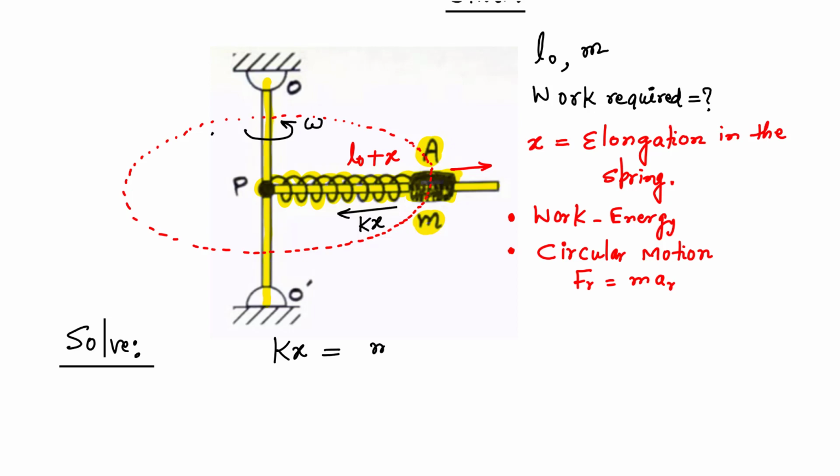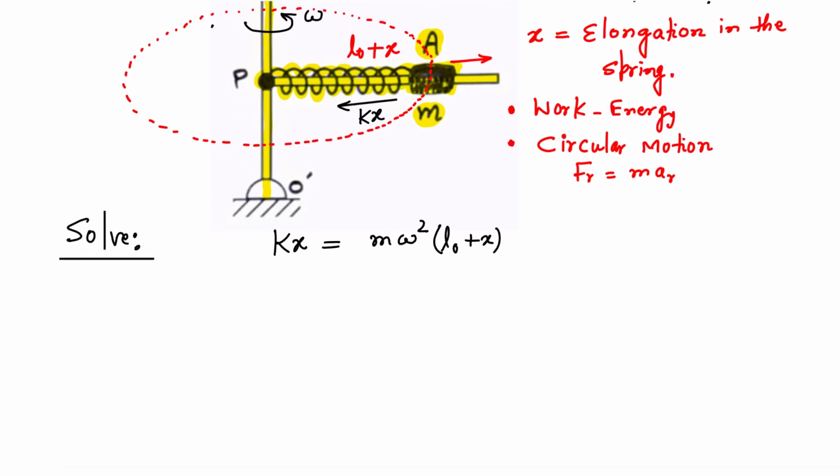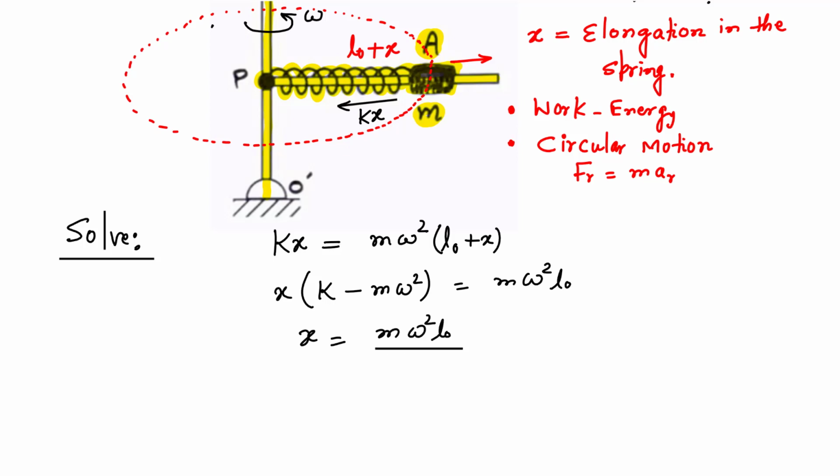This equals mv squared by r, or you can write m omega squared r, where r is L0 plus x. So from here you can calculate x. Taking x common, we get m omega squared L0, so x is equal to m omega squared L0 divided by k minus m omega squared. So now I know x.